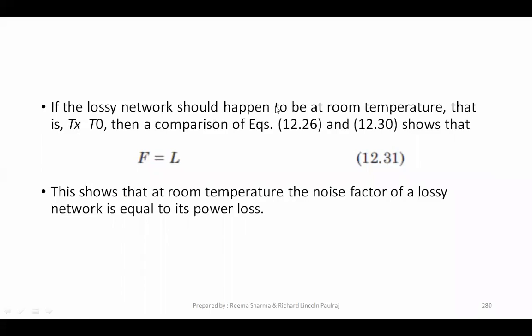If the lossy network should happen to be at room temperature, which is about 290 Kelvin, then Tx is T0, and we can find that your noise factor is equal to the system loss, which is L. This shows that at room temperature, the noise factor of a lossy network is equal to its power loss or system loss. So only if it's at room temperature. Keep in mind this condition is to be satisfied.